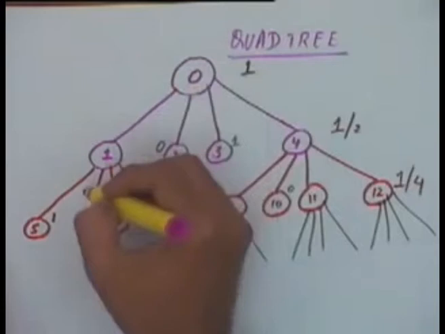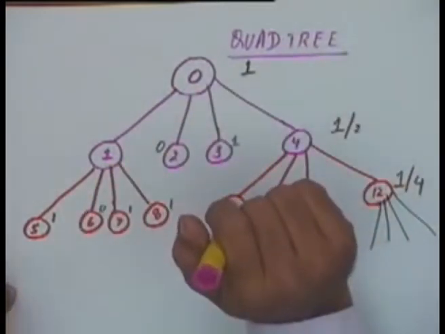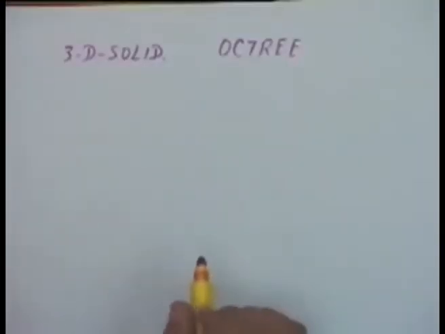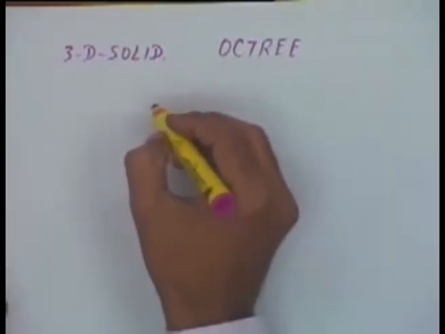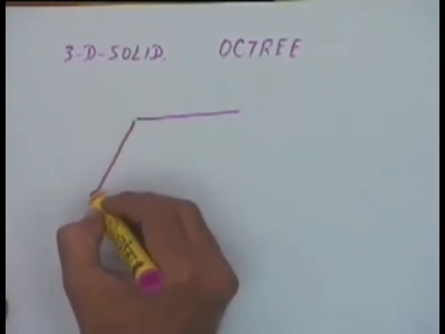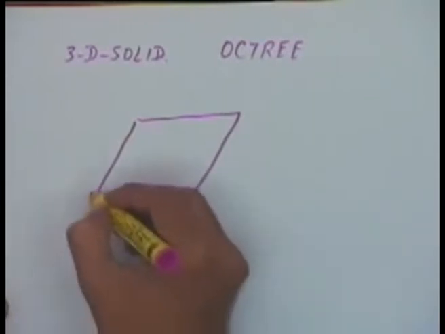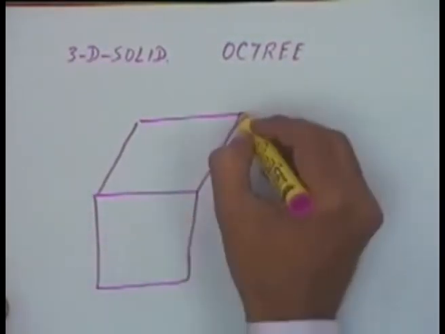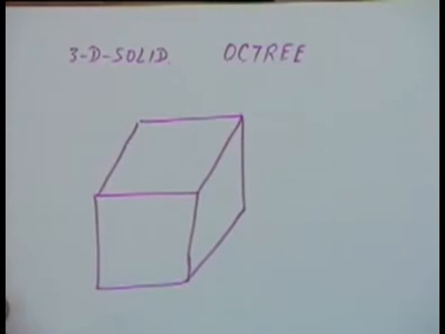Now if we go into 3 dimensions, instead of talking of a unit square, we will now talk of a unit cube. And this unit cube will divide into 8 portions.